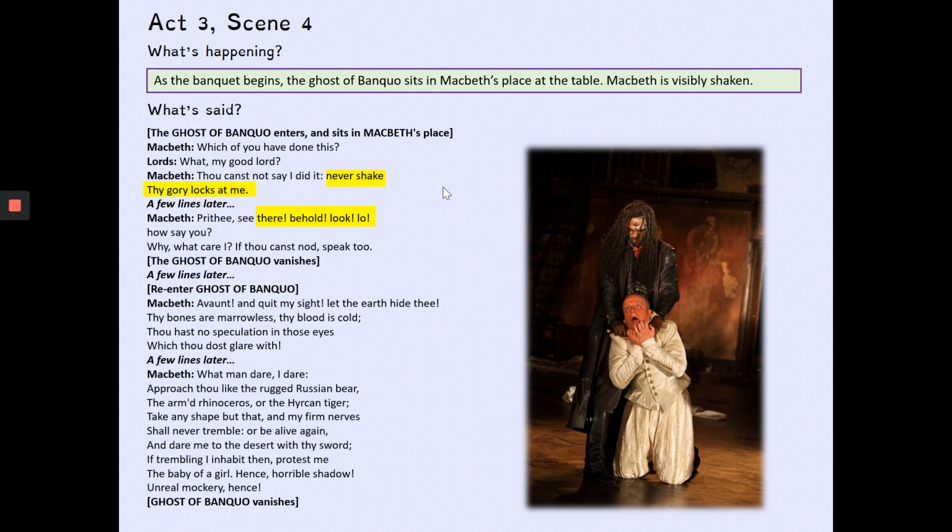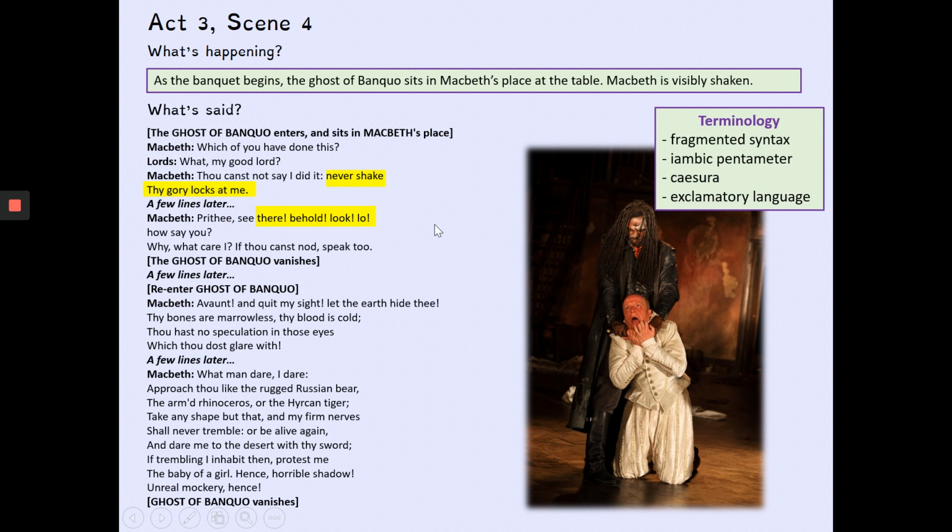Macbeth says, "Prithee, see there, behold, look low." And at this point, his language becomes really fragmented. Shakespeare's really breaking up the rhythm or flow of Macbeth's language. And if we were to use a bit of subject terminology, I've said fragmented, as in fragmented syntax. That basically means the sentence is broken up, becomes very fractured and broken to reflect Macbeth's state of mind.